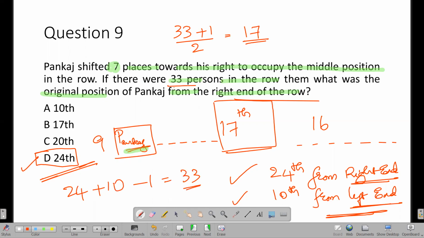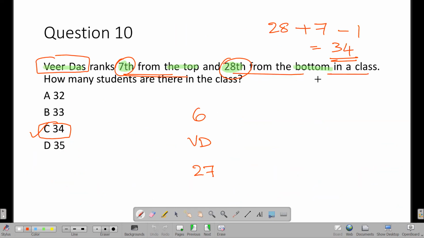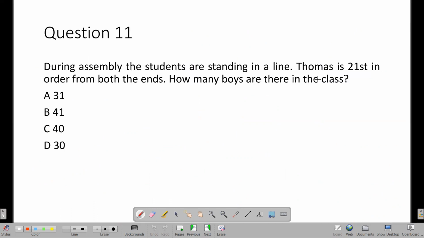Don't you see 33 people in a row in this question here? So this logic is very beautifully, you can use it for answering many questions. So for this question number 10, the Virdas question, option C is what you should mark as the answer. Let's go to the next question.